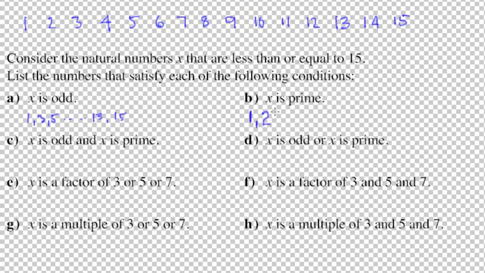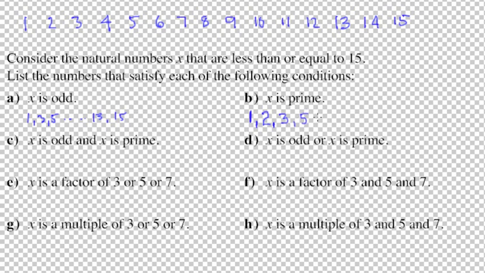It's only divisible by itself and 1. Sometimes people will argue that 2 isn't a prime number because no even number is a prime number. That's not good thinking. That's following a rule that works for every other even number, but it isn't true for 2. 3 is prime. 5 is prime.